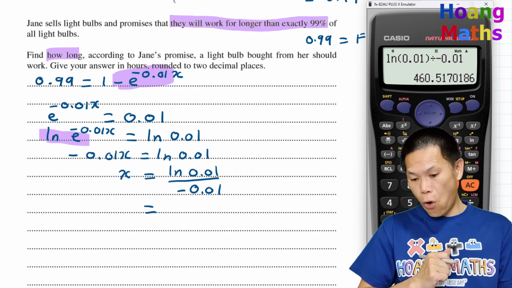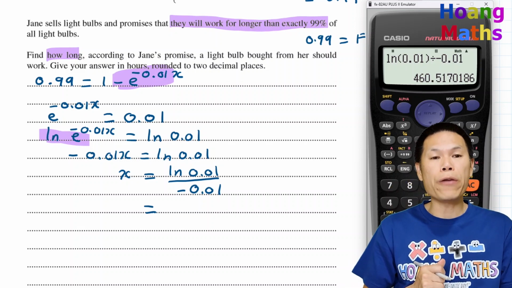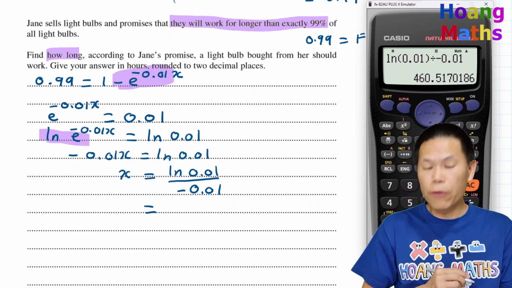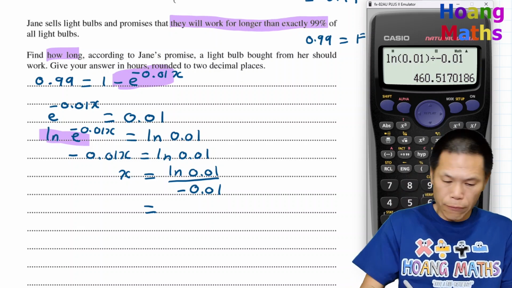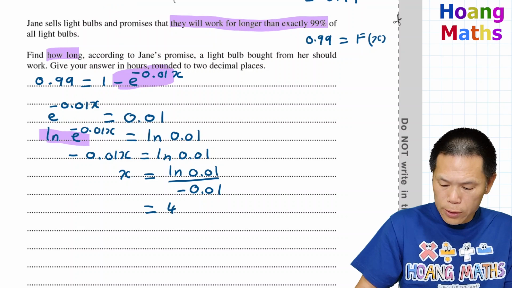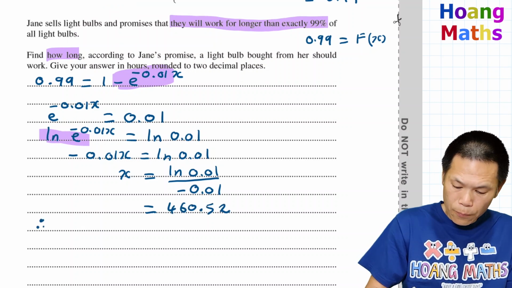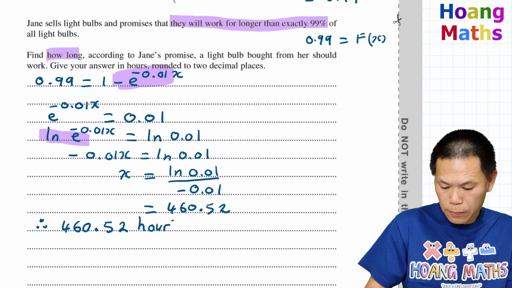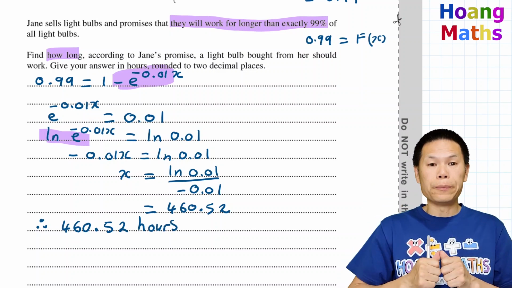So there you go, 460.52 hours, correct to 2 decimal places. So therefore, 460.52 hours. So there you go.